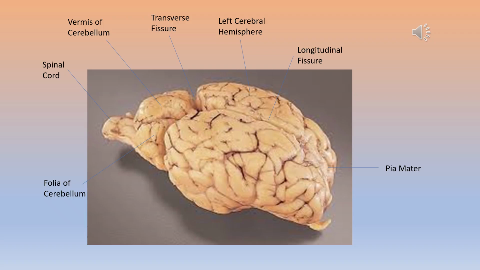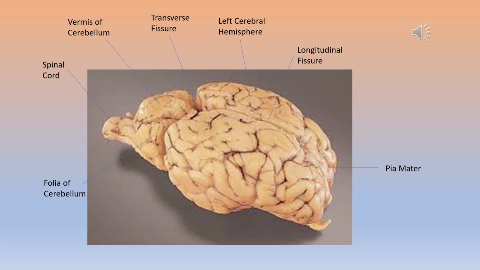The other part that is labeled there, you can see those little gyri that run horizontally, run left and right. The pointer is pointed at one of them. Those are called the cerebellar folia. So you see the vermis and you see the folia in this view.